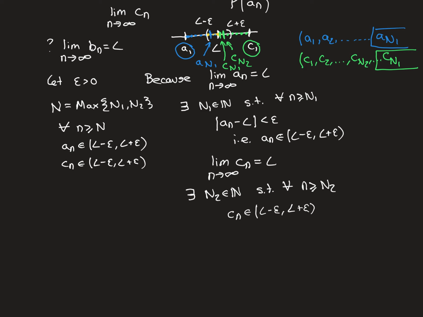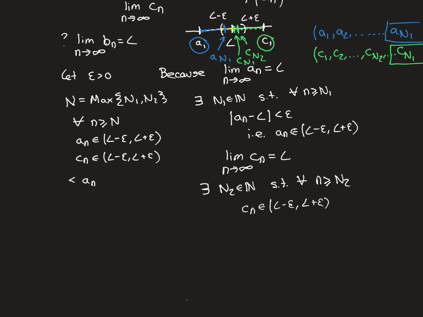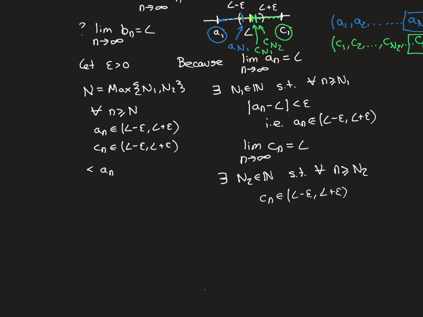So in particular, what we can say is that a_n is going to be greater than L minus epsilon, and c_n is going to be less than L plus epsilon, and then sandwiched in between them is going to be b_n because of the inequality that we know is true.